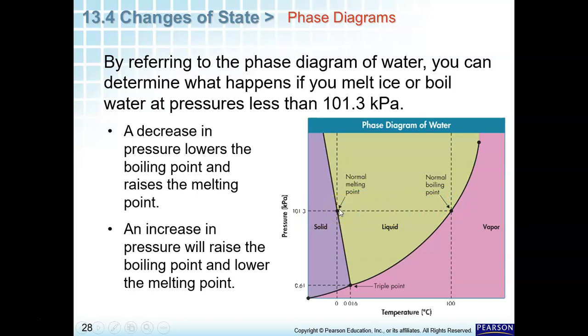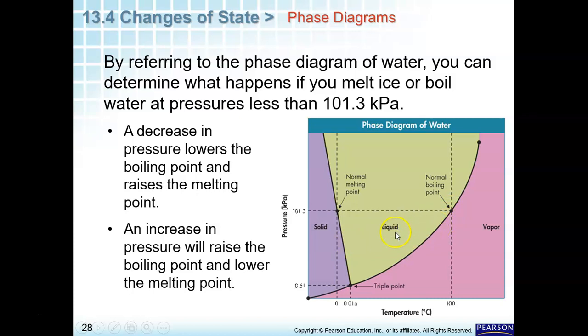If I decrease the pressure, the pressure is going to go down, and that's going to change the melting point. You'll see that as the pressure goes down, it's going to melt at higher temperatures, and it's going to boil at lower temperatures.